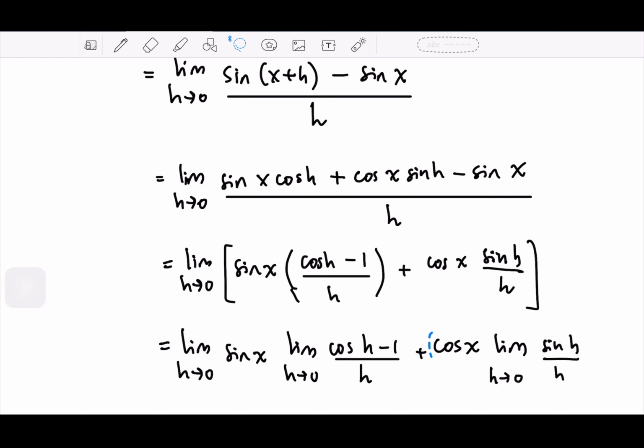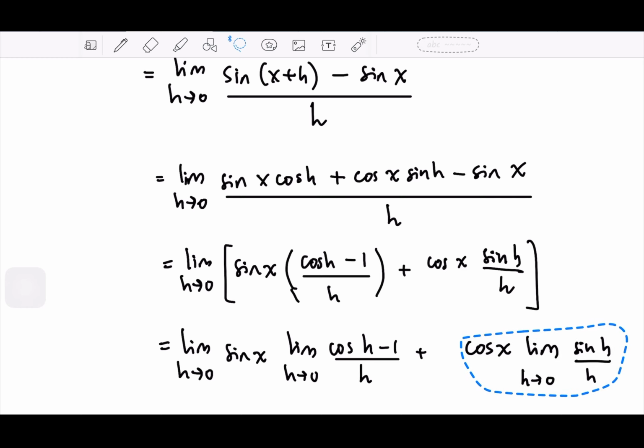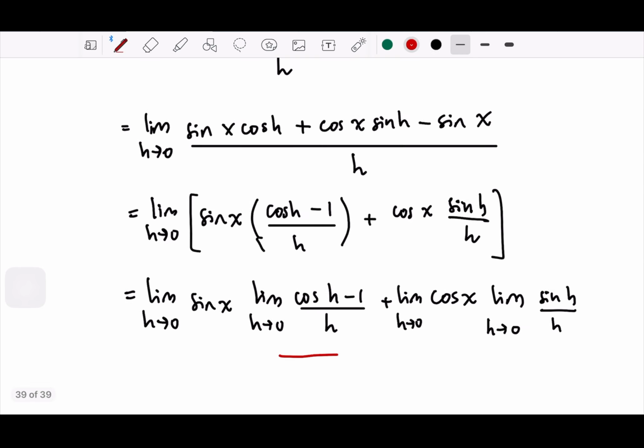I think we can also write the limit here to make it the same as the other one. So we need to prove this and this.